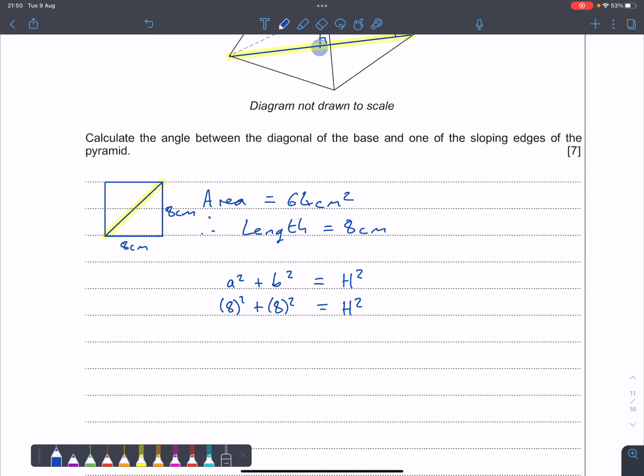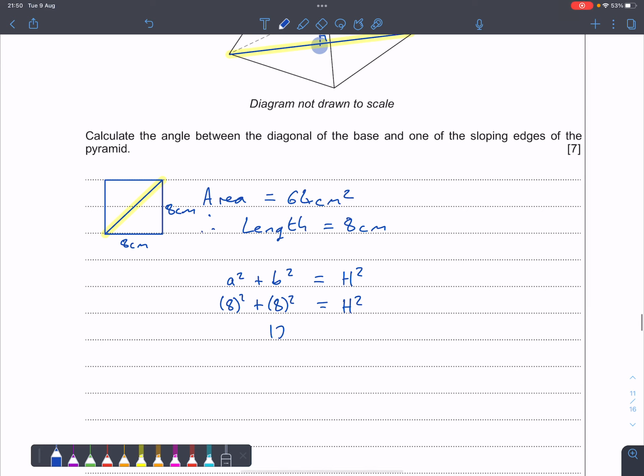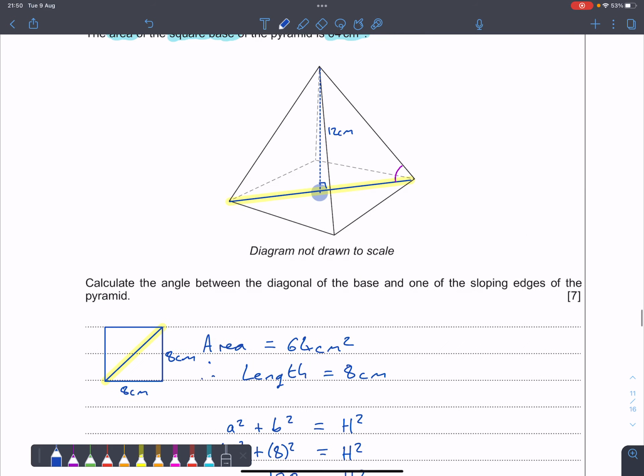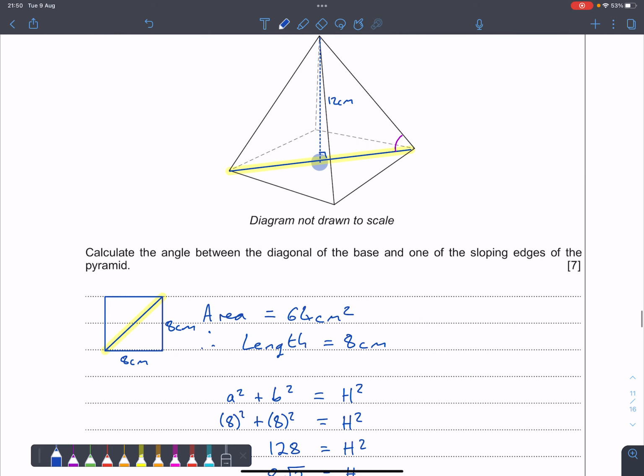So I work out that left-hand side. 64 plus 64 is 128, is h squared. So then if I want to find out what h is, I need to find the square root of 128, and I'll keep it in surd form, 8 root 2. Okay, so now I know that this entire length here is 8 times root 2.